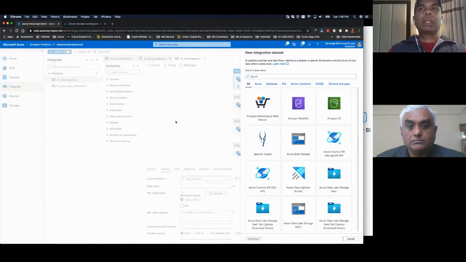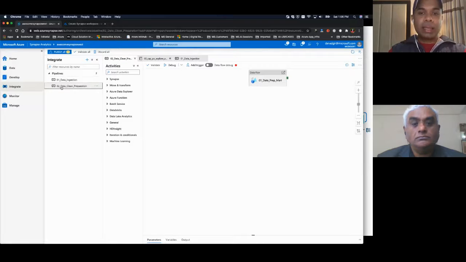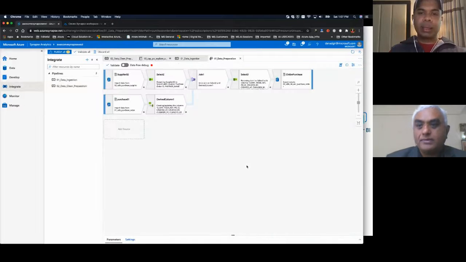Now, it's not just about integrating into a source system, but it's also important to look at how you enhance this data within the analytics platform, right? So what that means is, when I look at this SAP table and store it into, let's say, a set of files as purchase orders, I need to be able to combine that in different fashions, right?